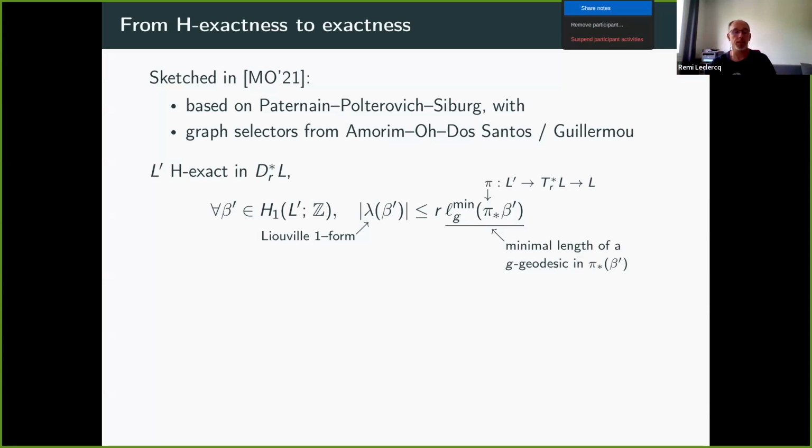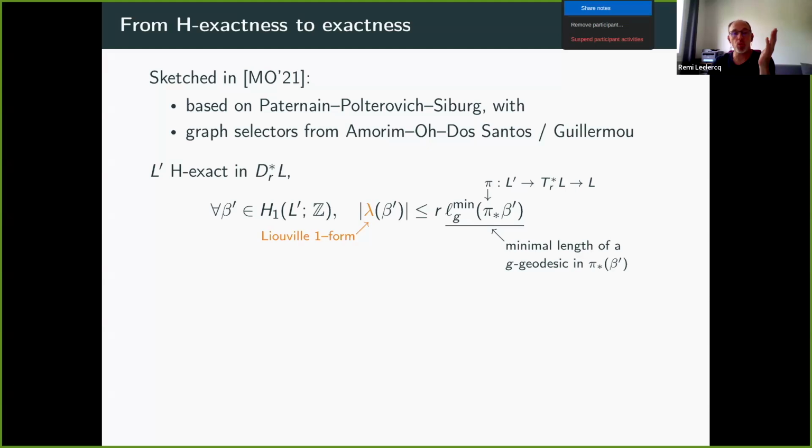So what does it say? I'm explaining the inequality now. It's valid for any class in H1 of L prime, and it will give you an upper bound of the value of the Liouville class on this homotopy class.